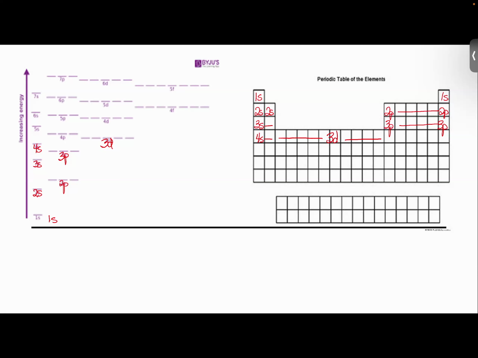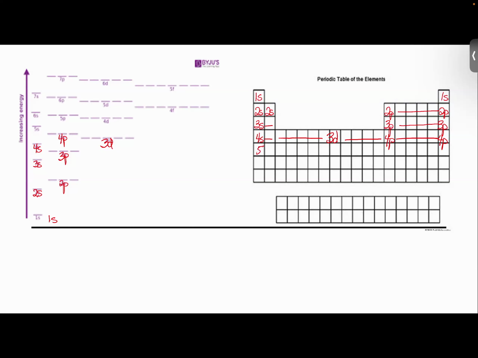After the 3Ds come the 4Ps, and that is why you have gallium through krypton. That's why 4P is listed after the 3D, because it's all related to energy.